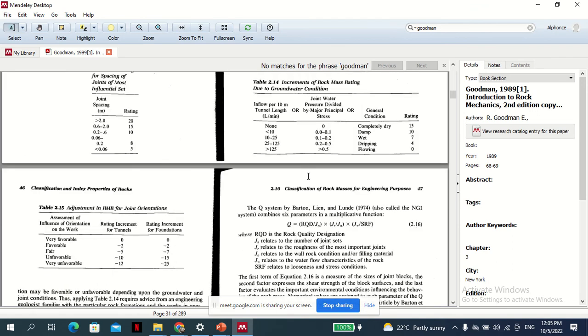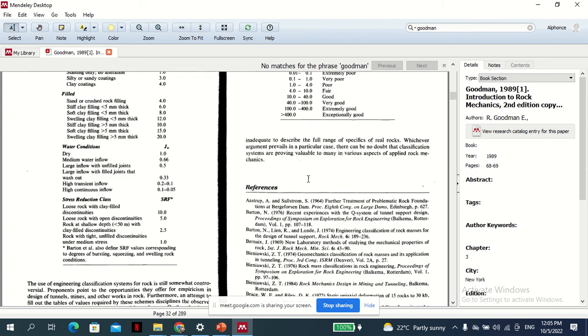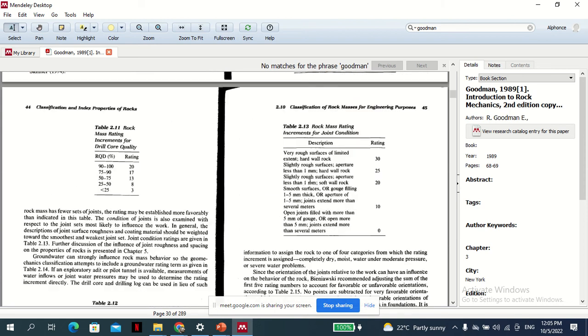So for the joints, there are 50 marks altogether. If it's a rough surface and limited extent and hard rock wall, then you give 30 maximum marks. Otherwise, depending on the different conditions, you can give 30, 25, 20, down to 10.